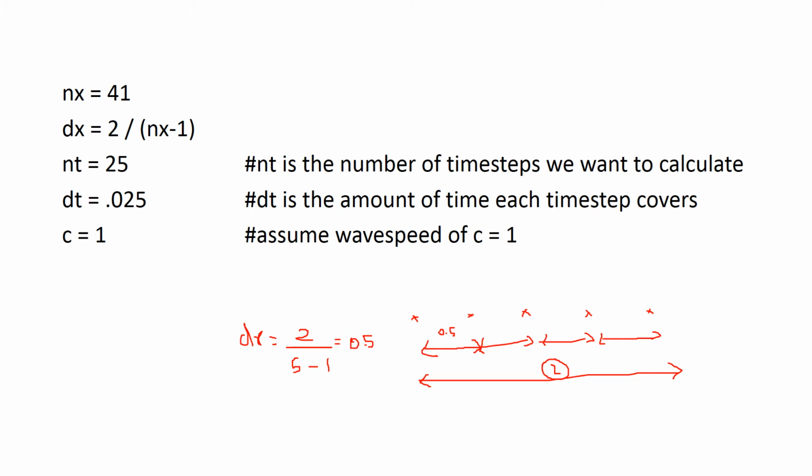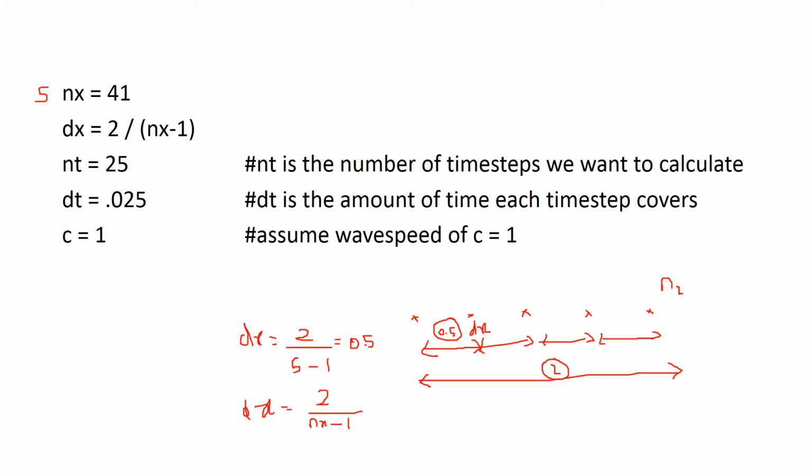So if I denote this 2 as the total distance, and this 0.5 as dx, and the total number of points as nx, I can write dx is equal to 2 divided by nx minus 1.